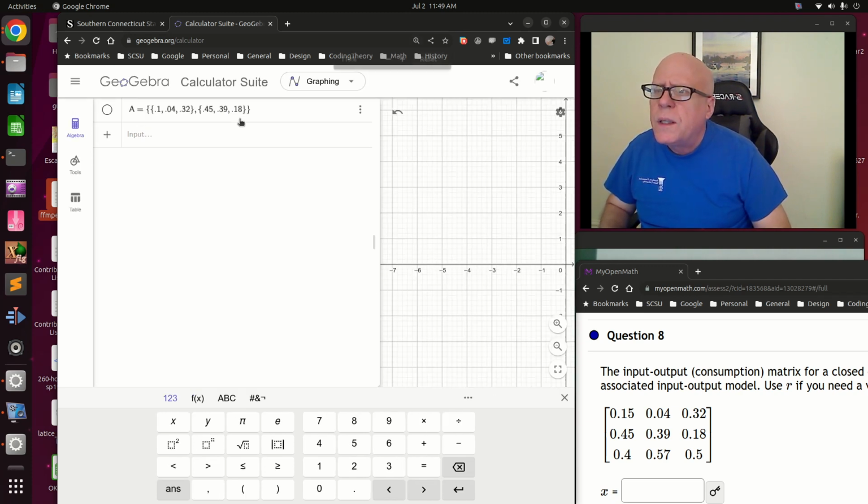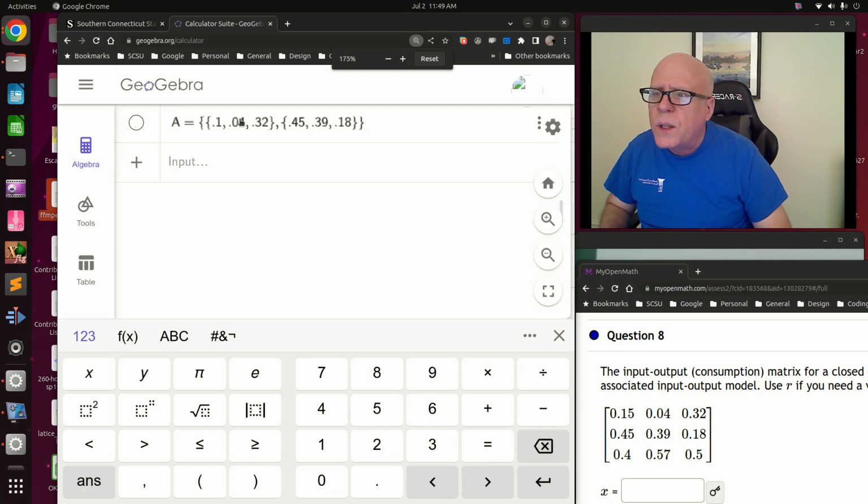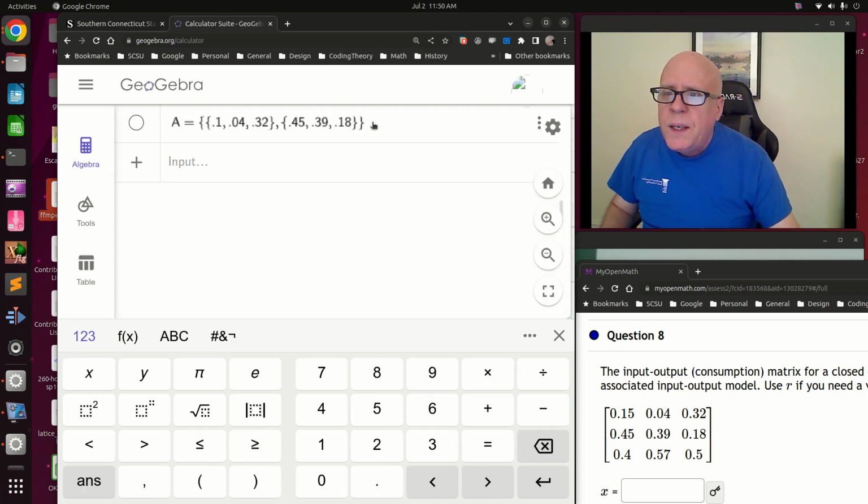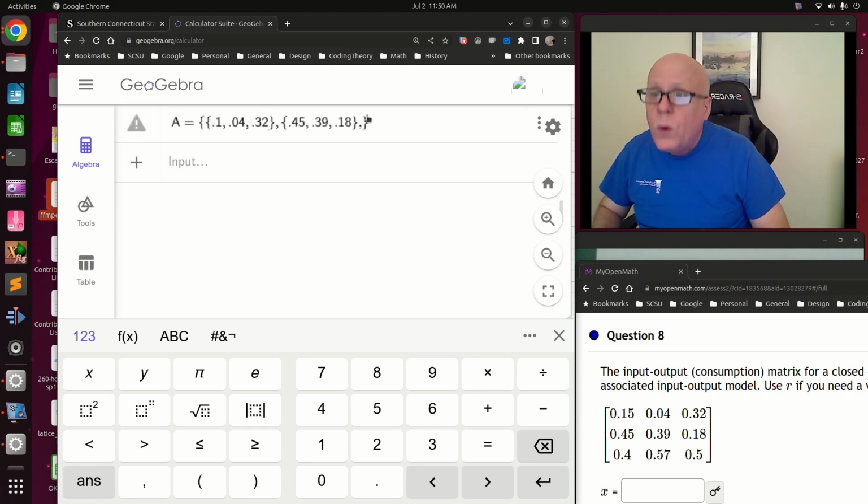Just occurs to me, if I made this font a little bigger, it'd probably be better for you guys. All right. And the last row is 0.4, 0.57, and 0.5.